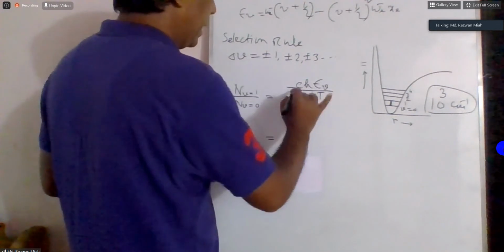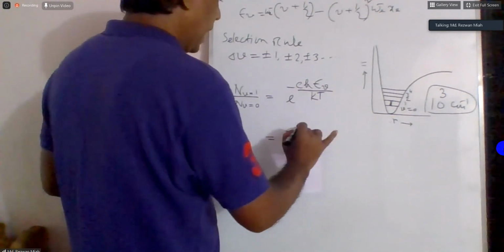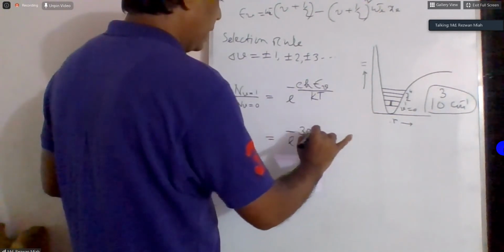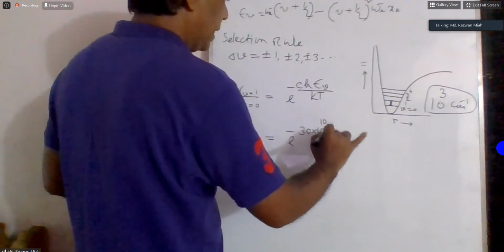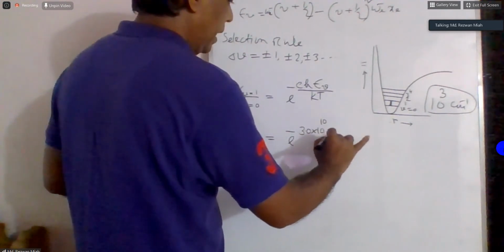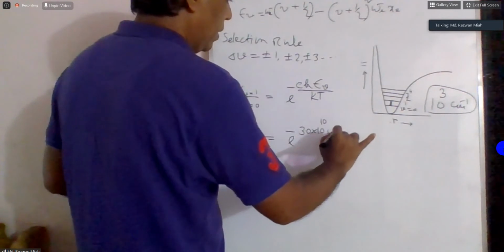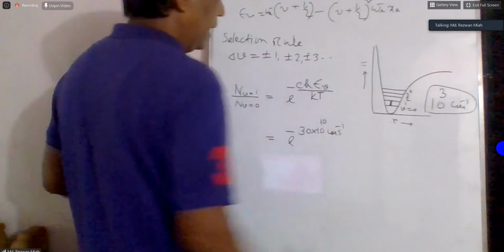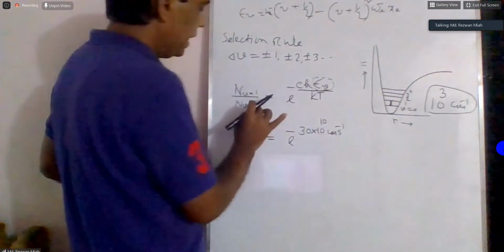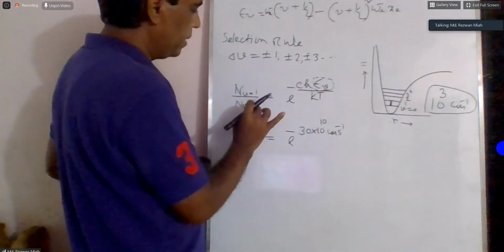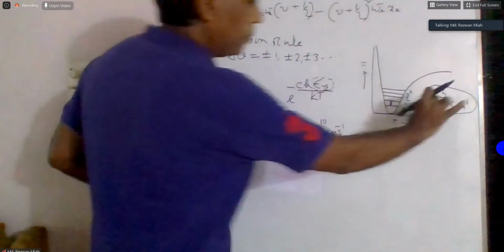C is the light velocity, so we consider it 10 to the power 10 centimeter per second, and this value, in fact, this is delta E, and delta E means 0 and the gap.